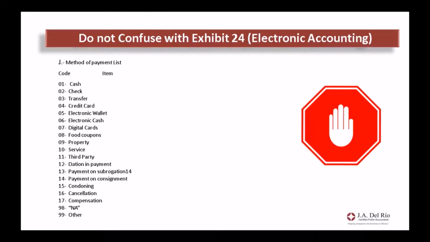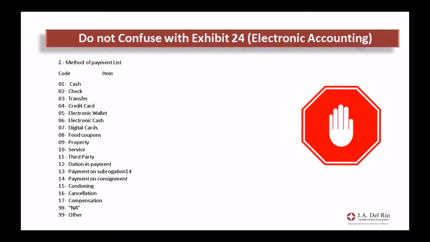Now, in this part, I also want to note at the bottom that there is code 98. This catalog for electronic accounting for journal entries does include an NA code. However, in the Exhibit 20 for electronic invoicing, there is not a code for NA, as we just saw in the prior screen. So in that case that we need to use NA, please don't use code 99.